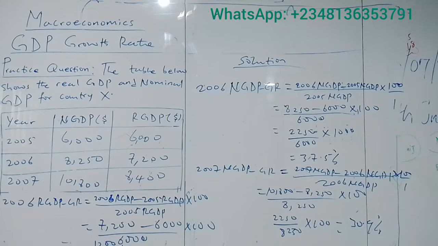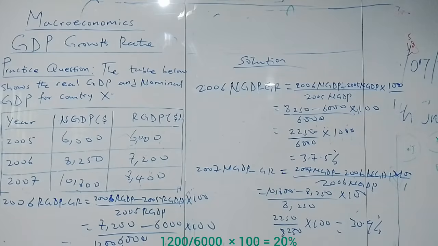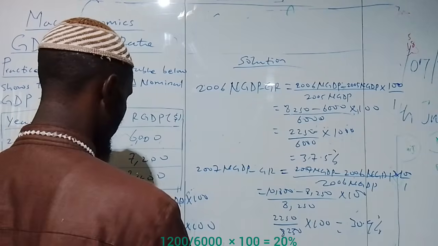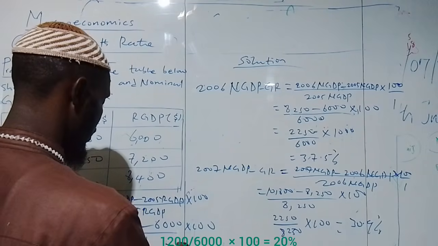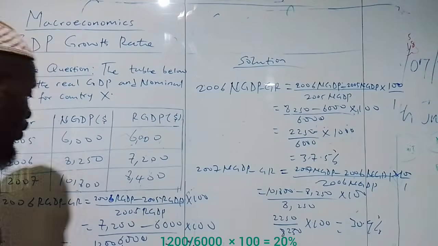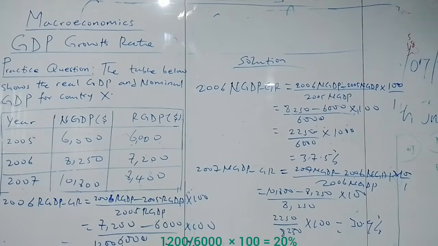When you divide that, we are going to have 20%. You can confirm that on the calculator, 20%. That is the growth rate in real GDP in 2006.